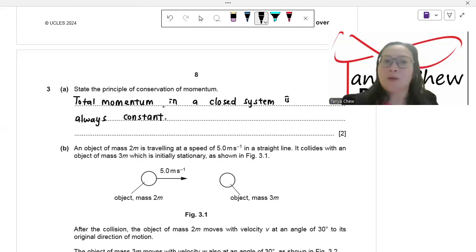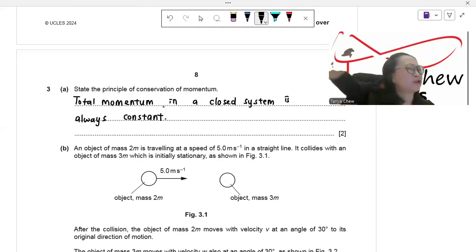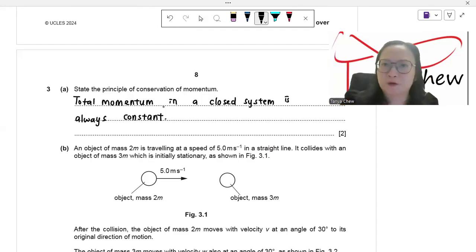But to use the principle of conservation of momentum, we ignore all the resistive forces that could act on a moving system, like frictional forces, air resistance, drag force, etc. We ignore all these to make our calculation simpler. That is why you have to put it in a closed system.